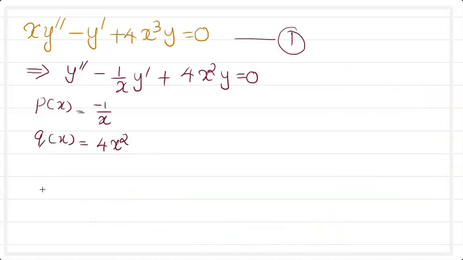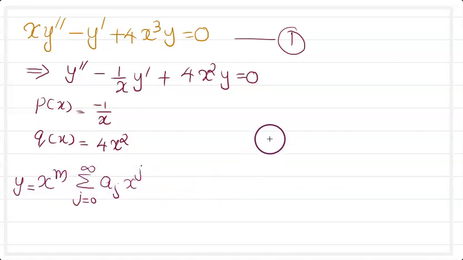Now, since x equal to 0 is a regular singular point, we can make a guess for the solution in the form x^m into sigma j varying from 0 to infinity aj x^j, where m is the root of the indicial equation.